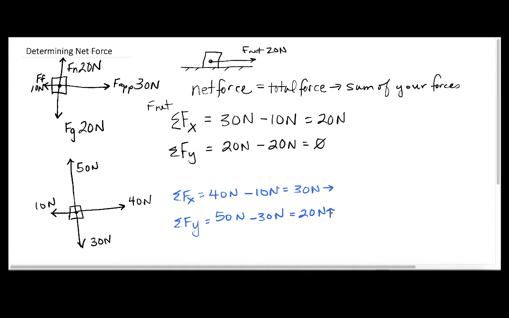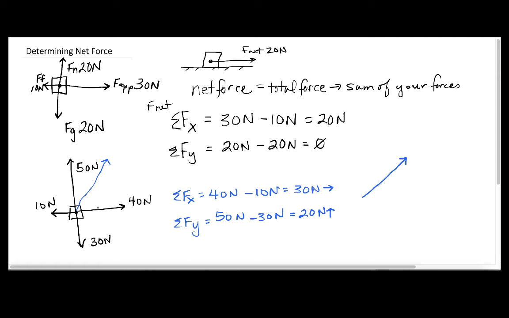For these, we can't just add them together and get 50 newtons because they're vectors and they have direction. And if you think about this, if it's going to the right and it's going up, then really what you have is a force going this direction. If you visualize pushing on these, you really have a force that's doing this. Overall, your box is going to move this way.